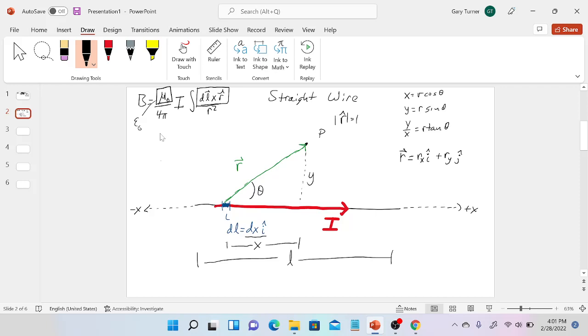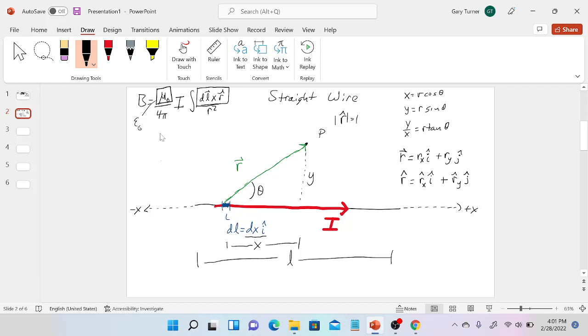So r hat you can think of as having a component in the x direction plus a component in the j direction.